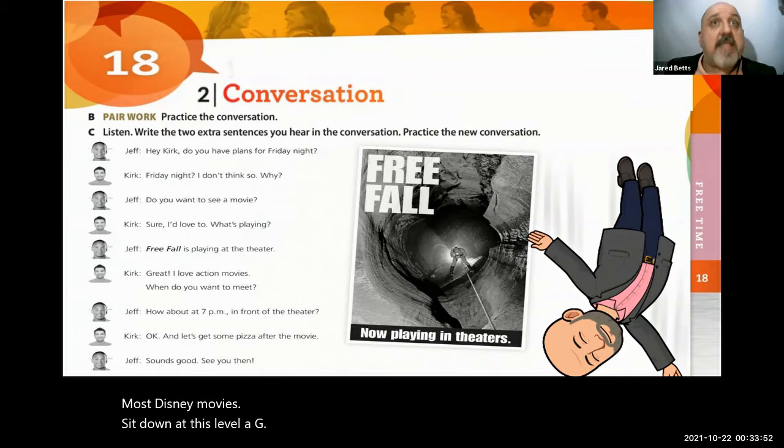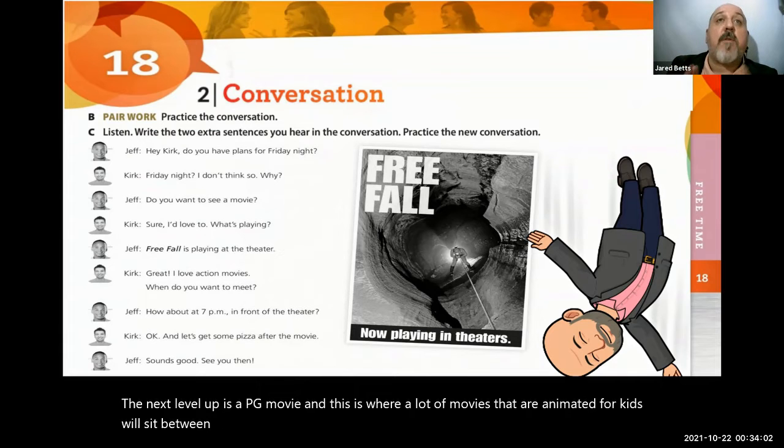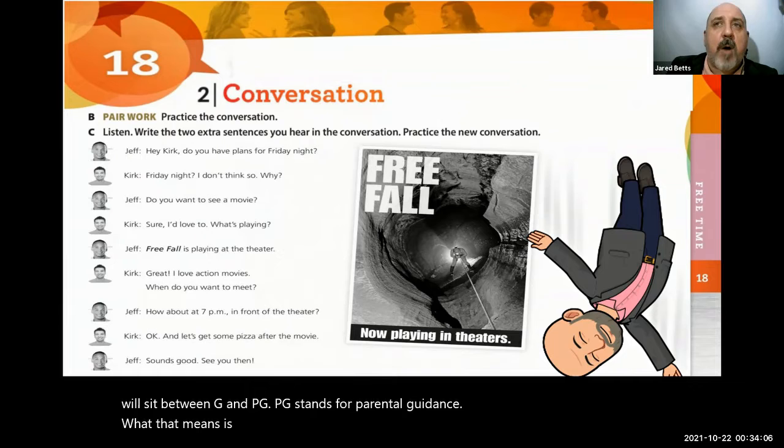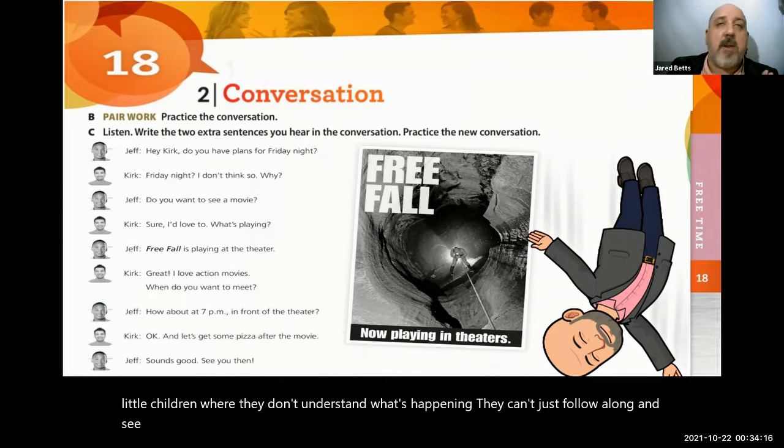The next level up is a PG movie. And this is where a lot of movies that are animated for kids will sit, between G and PG. Now, PG stands for parental guidance. What that means is that there may be some parts that the parent may have to explain to real little children where they don't understand what's happening. They can't just follow along and see the visuals and understand the story.